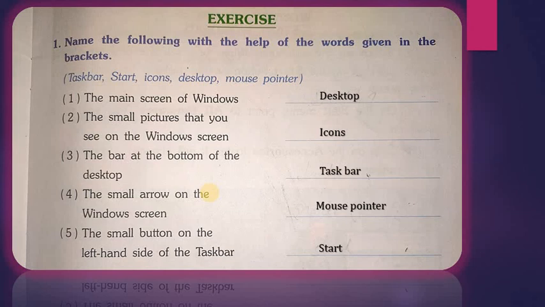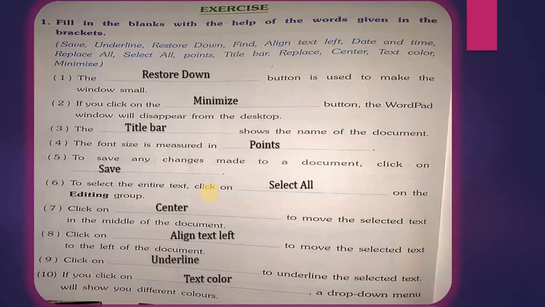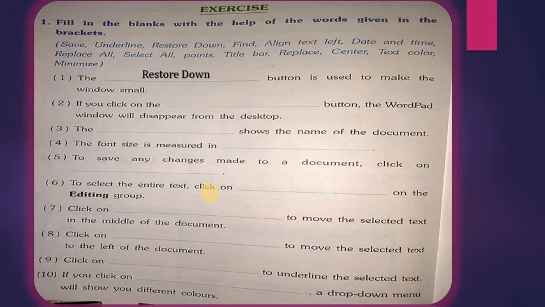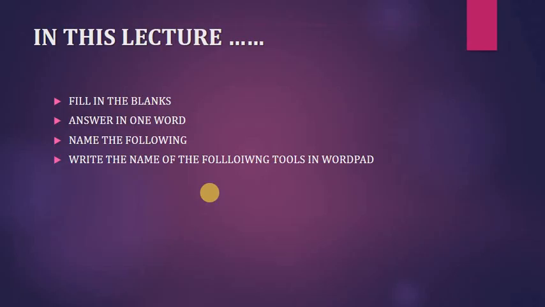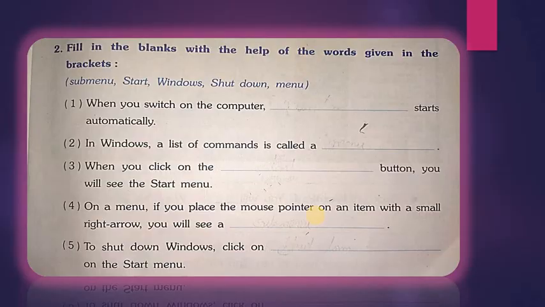So if you want to see what we did, see again, this is our question, right? We just completed these 3 topics. The 4th one we saw in the previous lecture, and the other one you also saw in the previous lecture. So the filling the blanks: first, when you switch on the computer, Windows starts automatically.